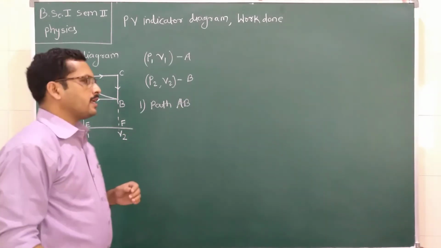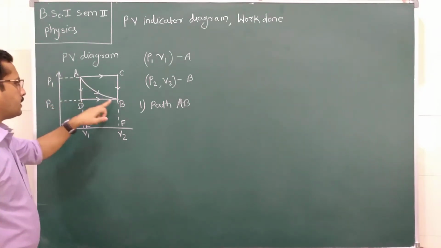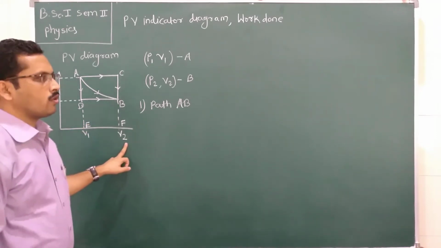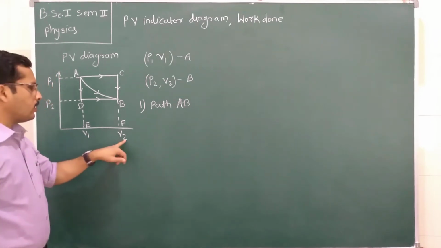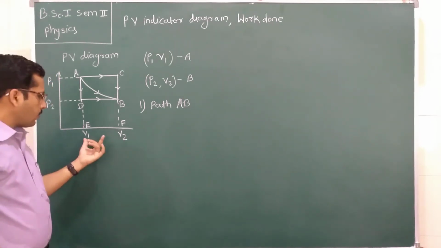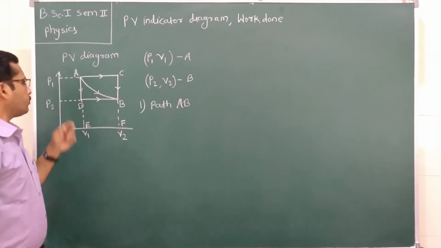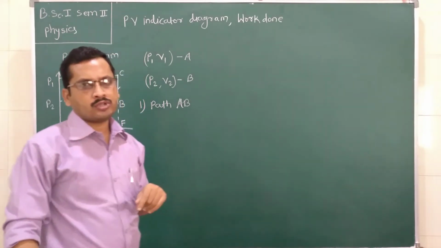What happened in this case? In this case, the pressure decreases, but the volume goes on increasing. The volume increases from V1 to V2, but the pressure decreases from P1 to P2, because we know that pressure and volume are inversely proportional to each other.